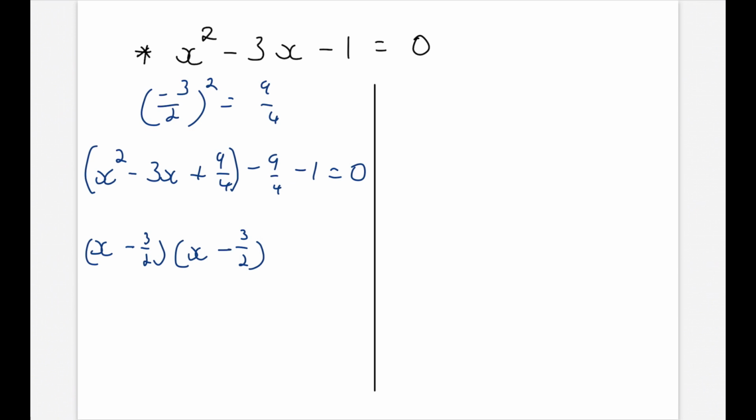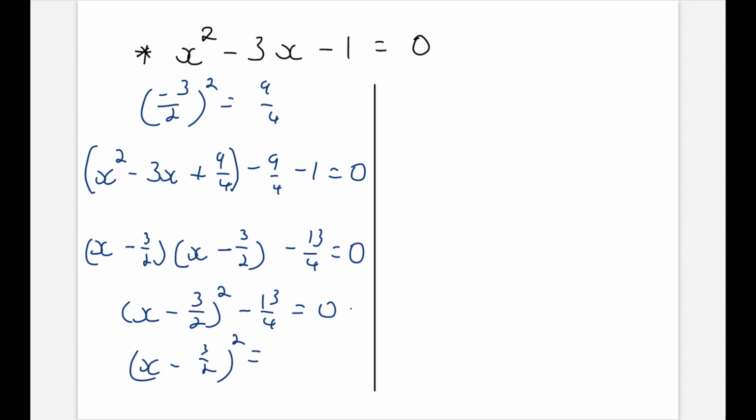Now, according to my calculator, negative 9 over 4 minus 1 gives me negative 13 over 4. This is equal to 0. So now I have x minus 3 over 2 squared minus 13 over 4 is equal to 0. Here's that critical step. I'm going to move the 13 over 4 to the other side. So I have x minus 3 over 2 squared is equal to 13 over 4.